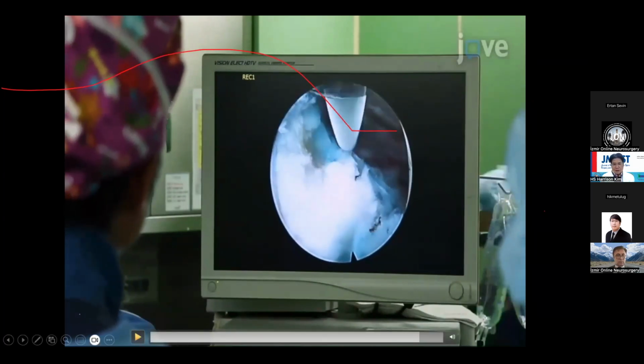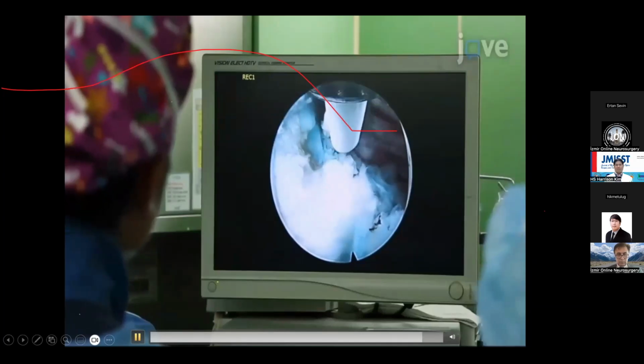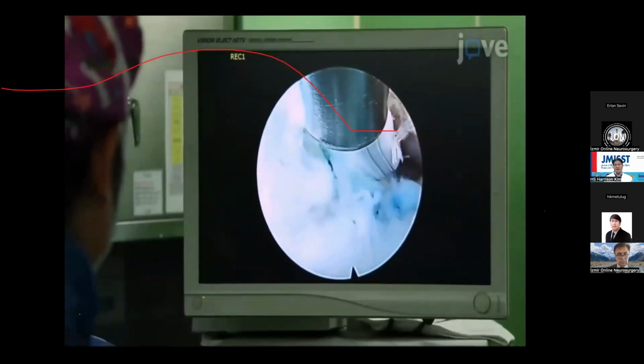Meaning that in spite of the disc space already being exposed and cutting already done, I still have not inserted the working channel into the disc space, so it is still at Kambin's triangle, and mobilization of the working channel to the target point is still possible. You can see here.